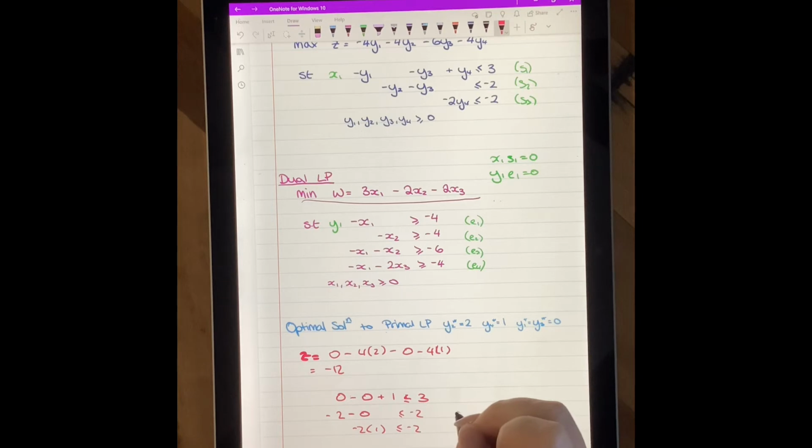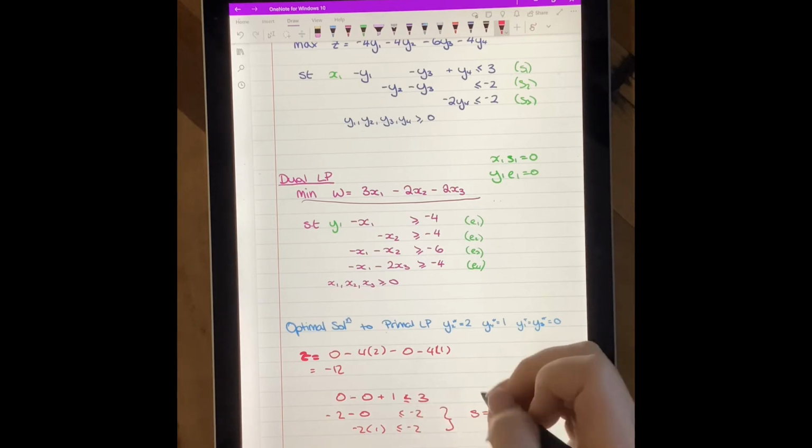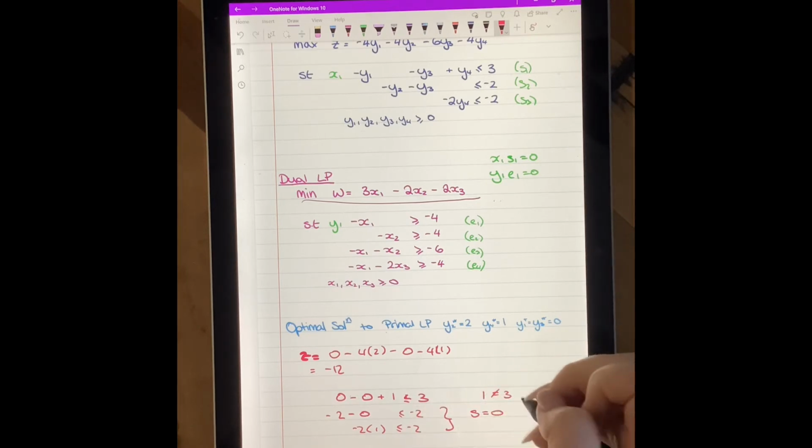So these are solved to equality. So that means that there is no slack variable, so S equals 0. But 1 is obviously not equal to 3. That means that there must be a slack variable.